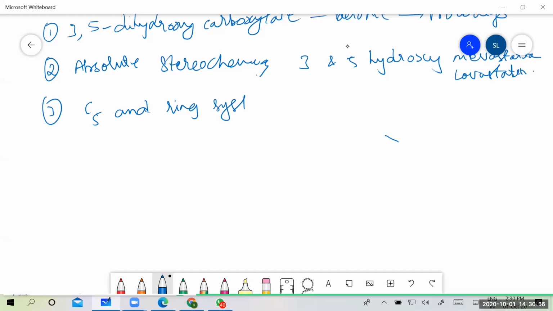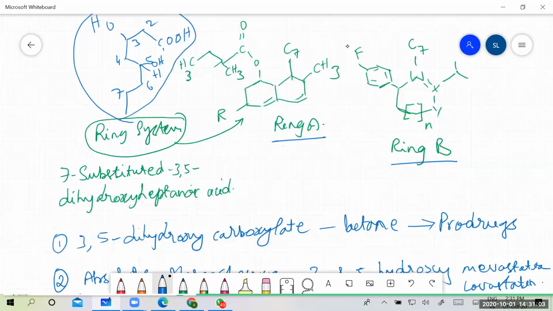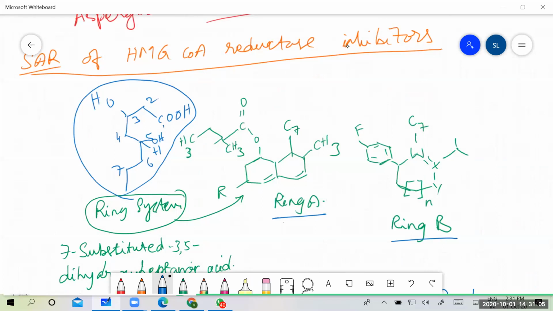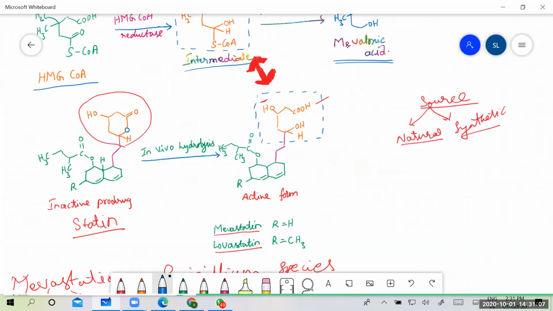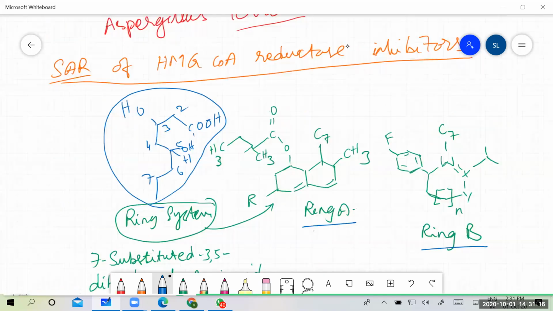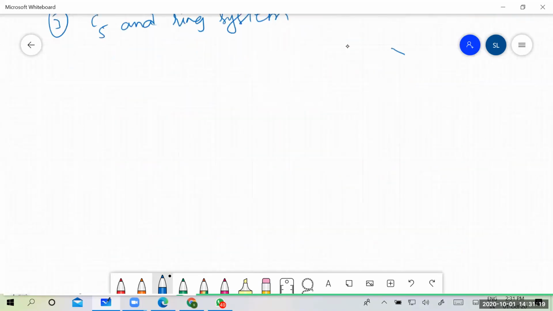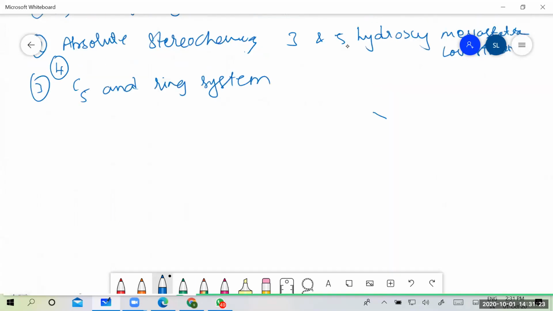Here, the distance between the lactone ring and the heterocycle must be 2 carbons. This is 1 and this is 2. So if there is a change in the distance, then there is no improvement in activity, or the activity is reduced.